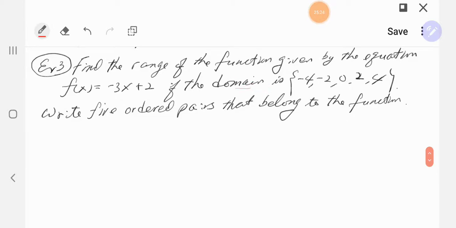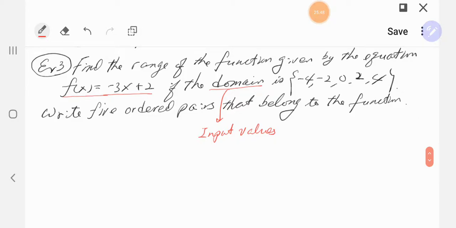The input values are -4, -2, 0, 2, 4, so 1, 2, 3, 4, 5. There are 5 input values in this case. Based on these 5 input values, once you plug in the input values, you will get the output value.